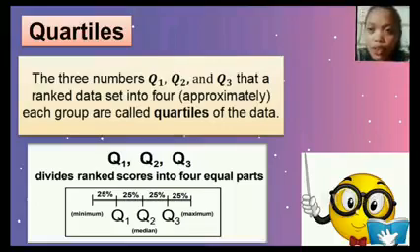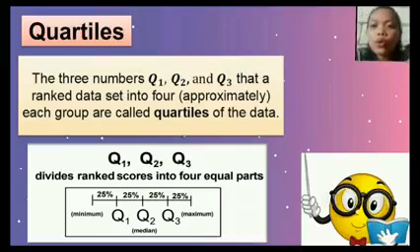Q1, as you can see, has 25% of the data set with values less than Q1, and 75% of the data with values greater than Q1.